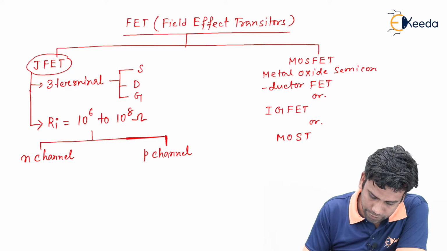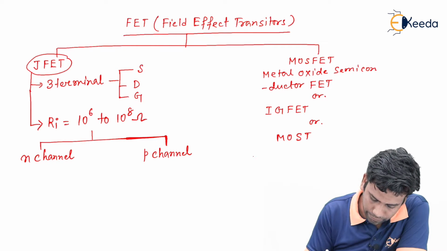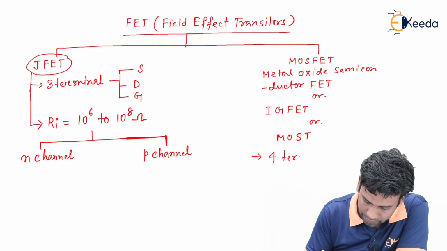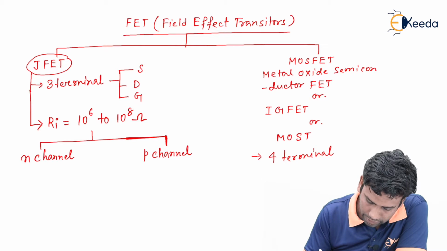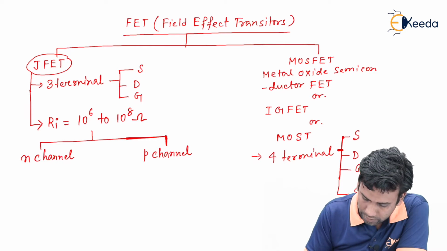Similarly, a MOSFET can also be classified into two groups, and we know that the MOSFET is a four terminal device. The four terminals are source, drain, gate and substrate.